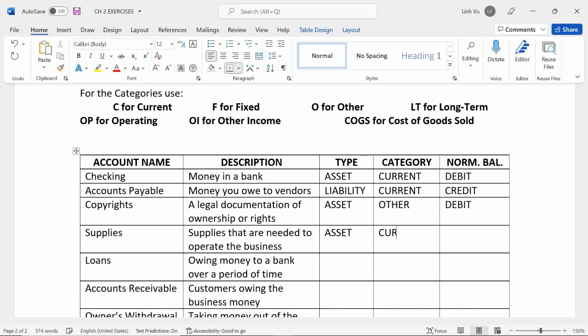It would be current because, again, you're not going to hold on. These supplies are very easily convertible into cash, right? Whether you use it for your operations, then you can easily get rid of it right away. So whether you get cash out of it or whether you expense it right away, it's going to be a current asset. Okay. Debit or credit balance. How do you increase an asset? Debit. With a debit. Good. All right.